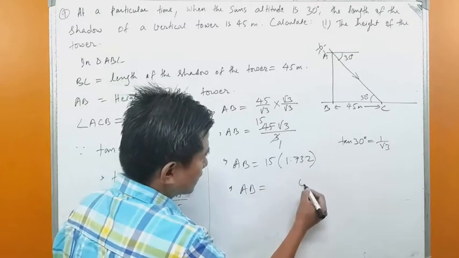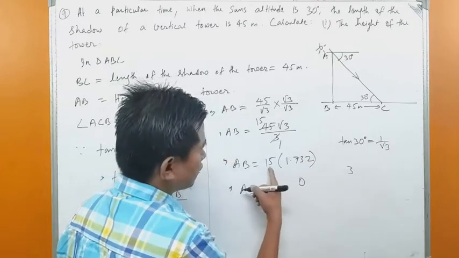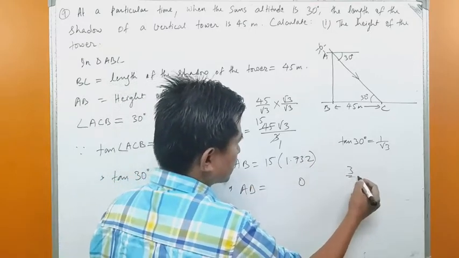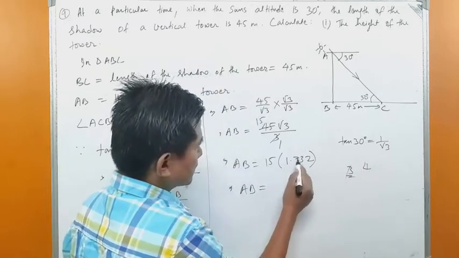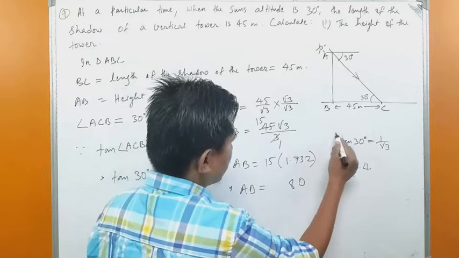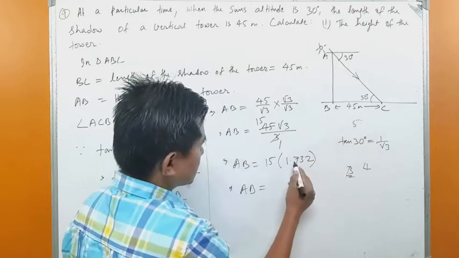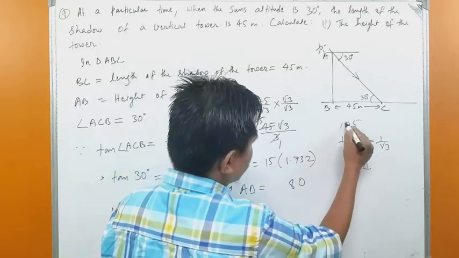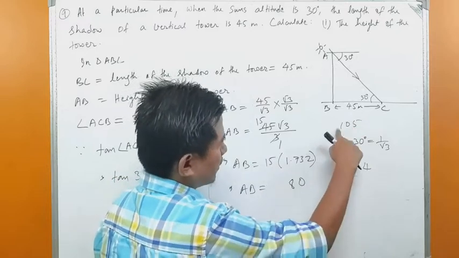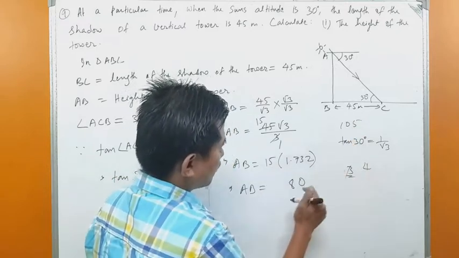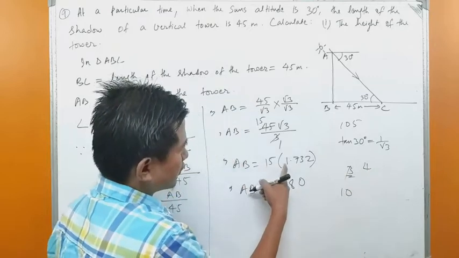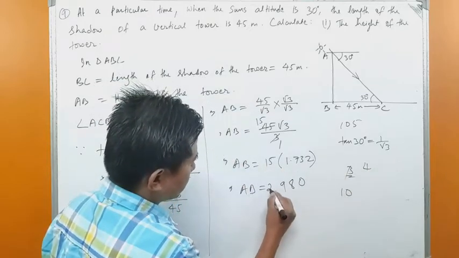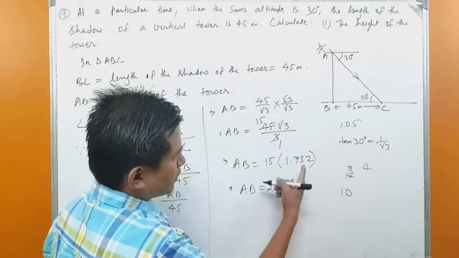Now let us multiply this. 15 times 2 is 30, 0, 3 in hand. 15 times 3 is 45, 45 plus 3 is 48, 4 in hand. 15 times 7 is 105, 105 plus 4 is 109, 9, so 10 is in hand. 15 times 1 is 15 plus 10 is 25.